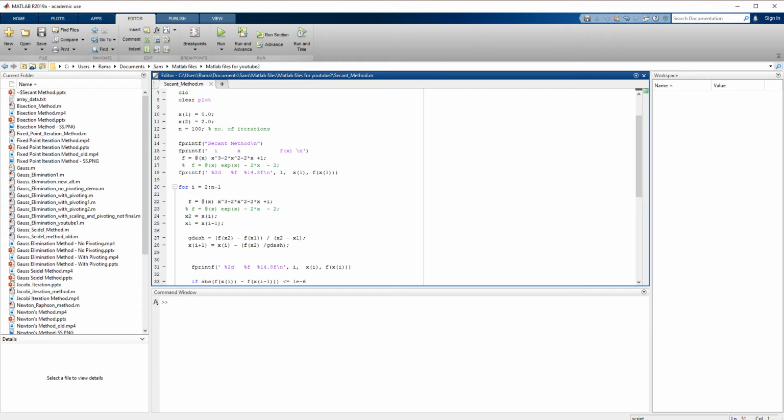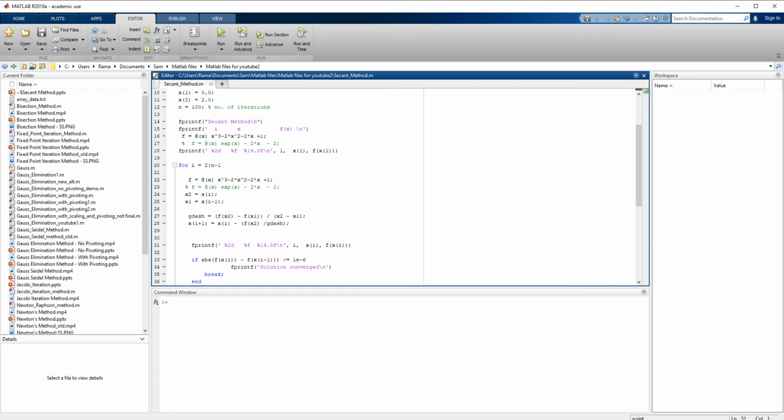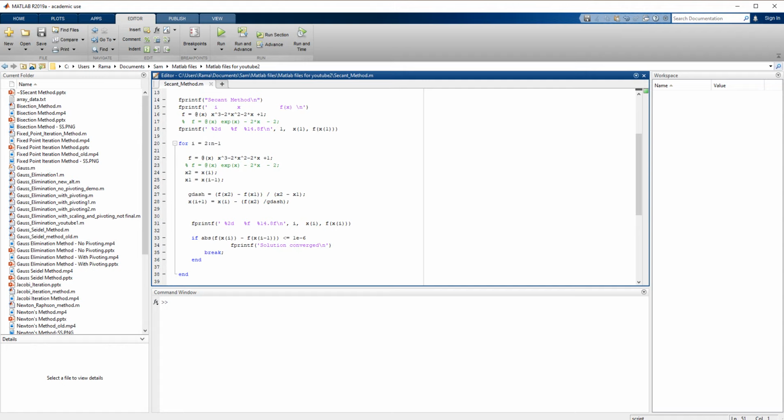The algorithm for the secant method is given over here, which we have already seen. It is similar to Newton's method, but in this case g dash of x can be evaluated algebraically. We don't need to find the derivative of the function f of x.